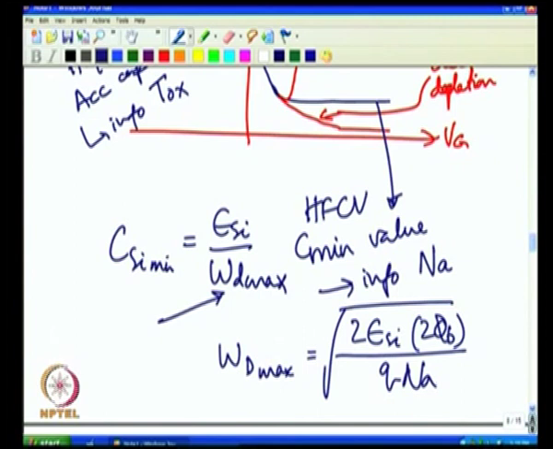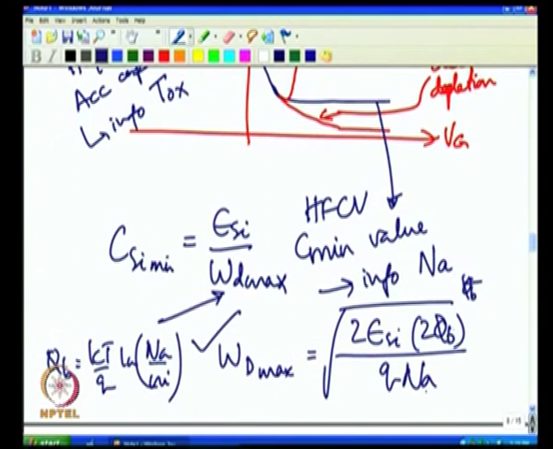This needs to be solved iteratively, because I know WD max, alright, but phi b also has an Na term. Phi b is kT over Q ln Na over Ni, that is your bulk potential phi b, correct.